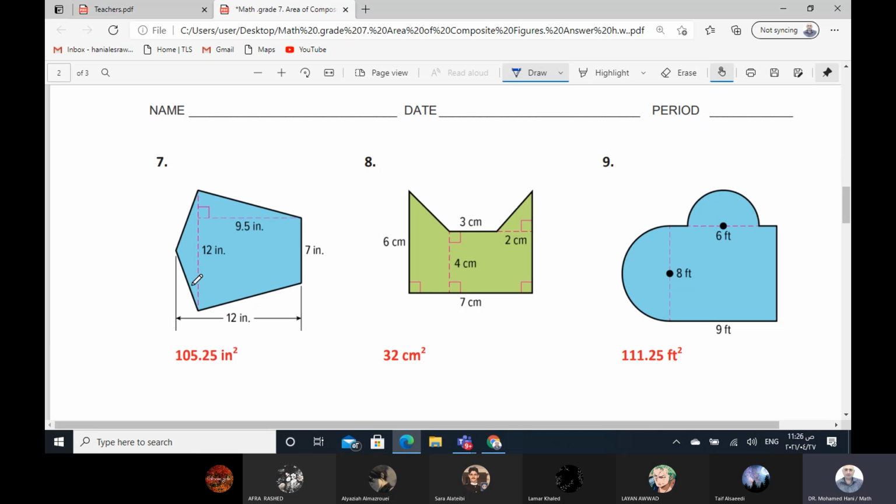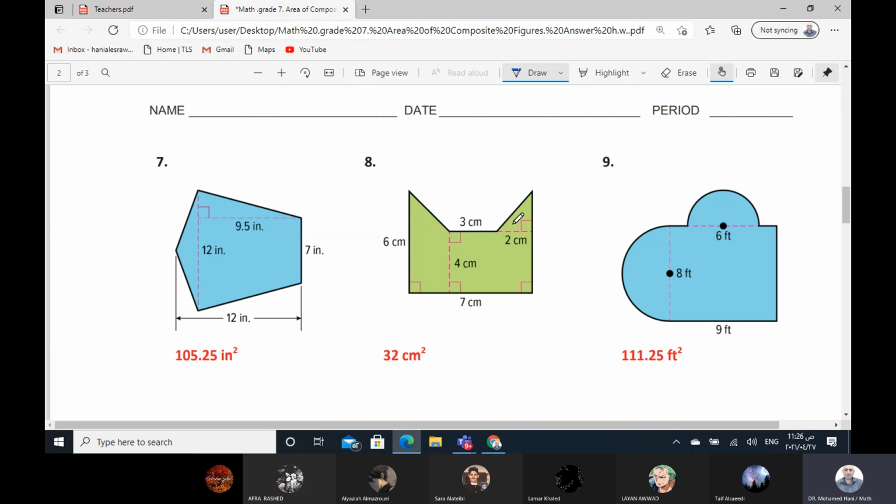And here the same idea. Here we have trapezoid, and here we have triangle. Find the area of the triangle, then the area of trapezoid, then add to find the total, to find the area of the composite. Here the same idea. Here we have trapezoid, here we have triangle, and here we have rectangle.